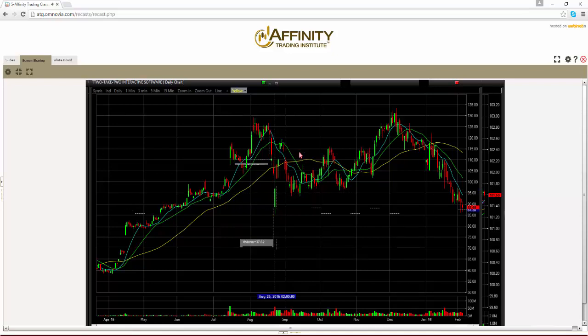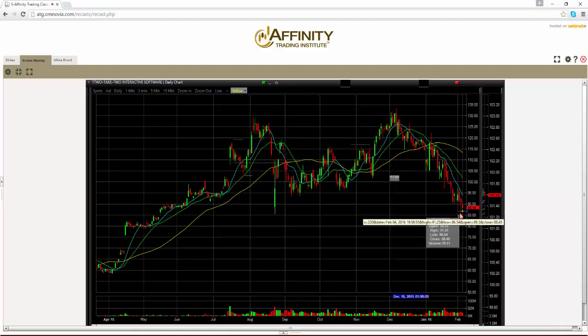Now, usually what happens, this is a pattern that I call the N-shaped top. Usually you have a curl, a high, a failure to make a new high, a steep drop, a V-pivot, a choppy move up that leads to a return to a move back down to that key support level.